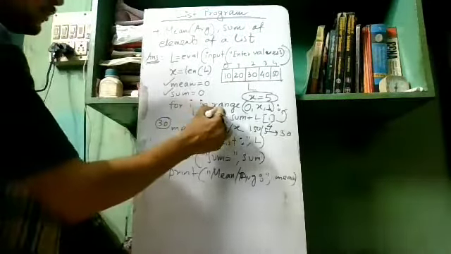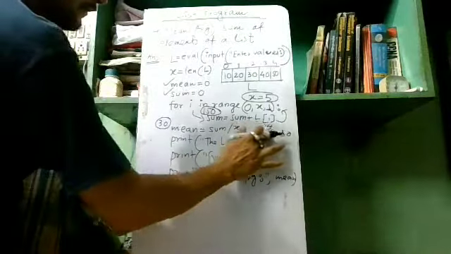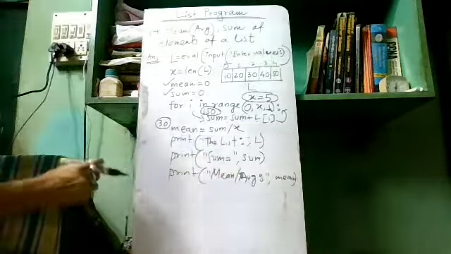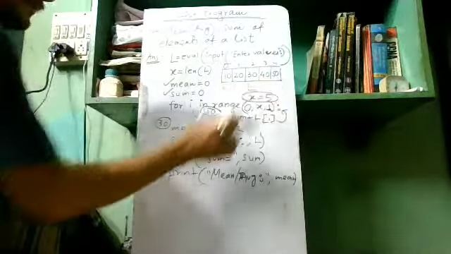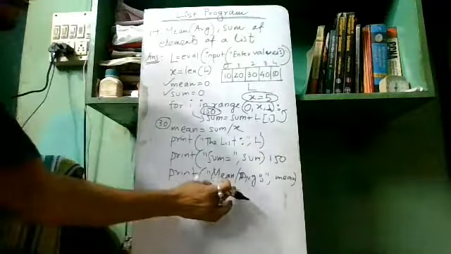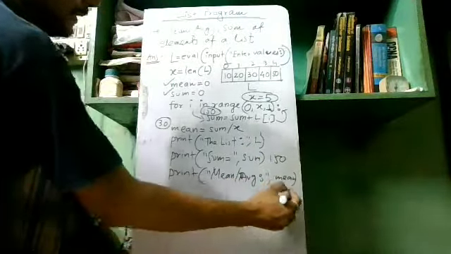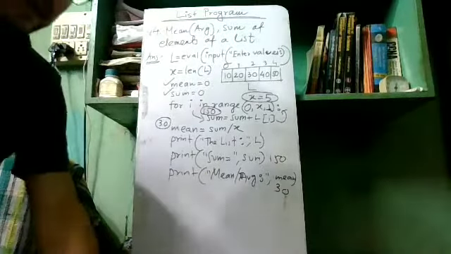So sum is 150 and mean is 30. So now we print the list L, that means this will be printed. Sum equal to 150 will be printed. Mean or average equal to 30 will be printed. So this is the program, a very easy program.